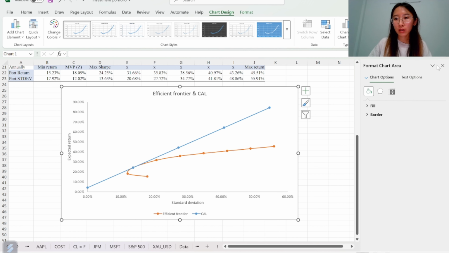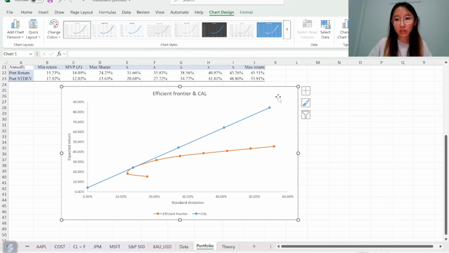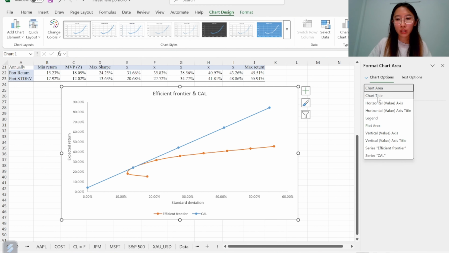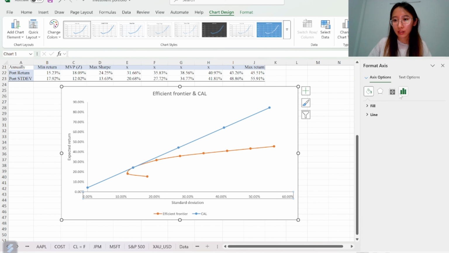For more detailed options, you can click the chart. And for example, you want a little tick mark in the horizontal or vertical line, click this. I want to add both major lines and minor lines, so you will better assess where the number actually is.